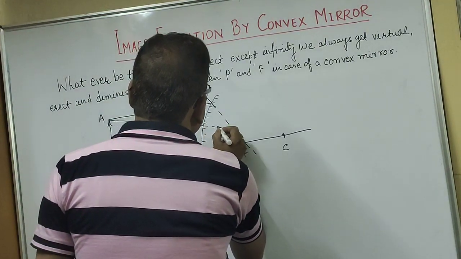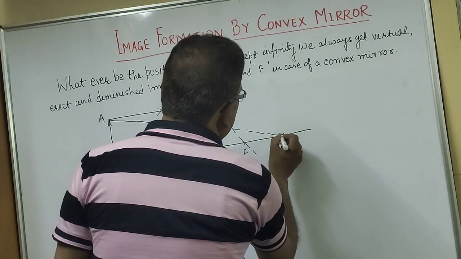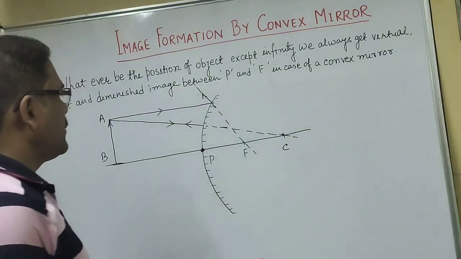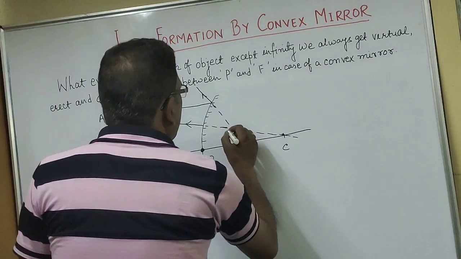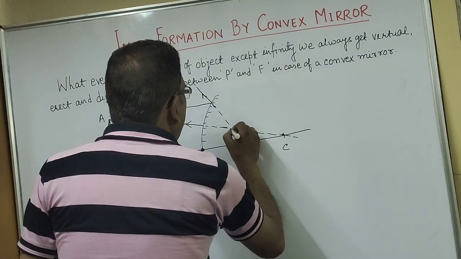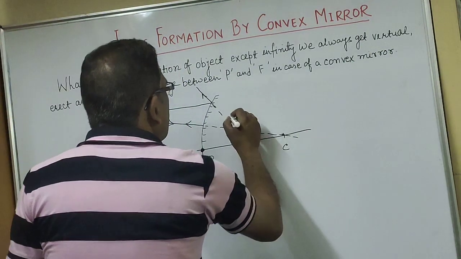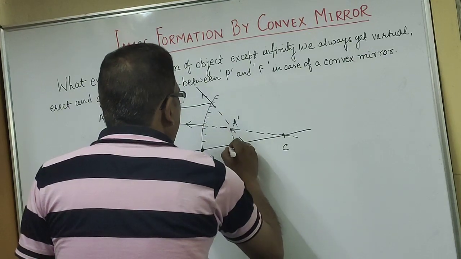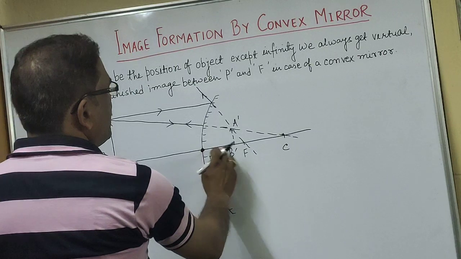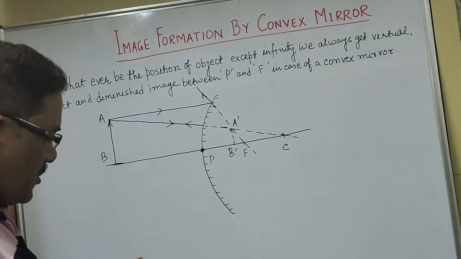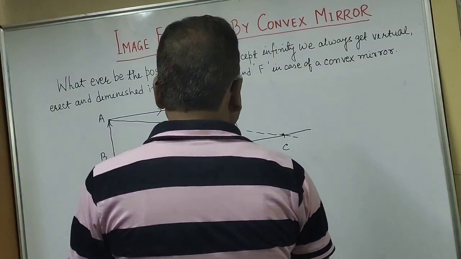Now produce the ray. If it goes straight, it will pass through the center of curvature. So the two rays are meeting at this point. A virtual image of AB, A dash B dash, is formed, and the position of this image is between P and F.